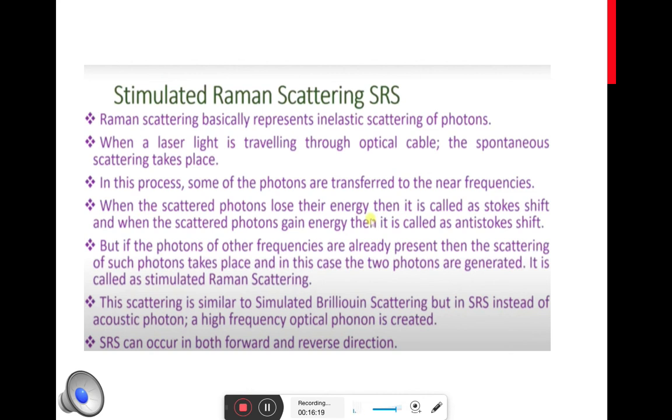As a result, certain scattered photons lose their energy, and certain scattered photons gain energy, and stimulated Raman scattering happens. The main difference from stimulated Brillouin scattering is that instead of acoustic photons, high frequency optical photons are created here. SRS can occur both in the forward as well as in the reverse direction.